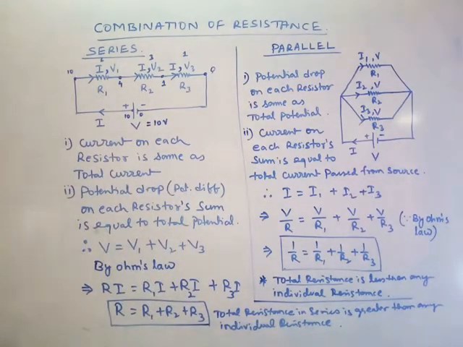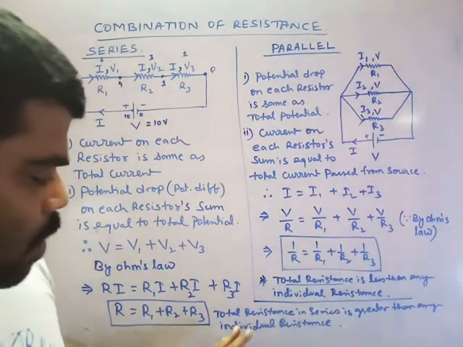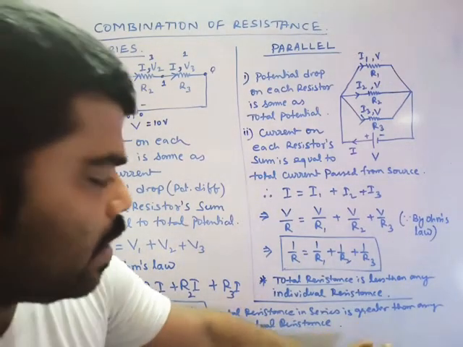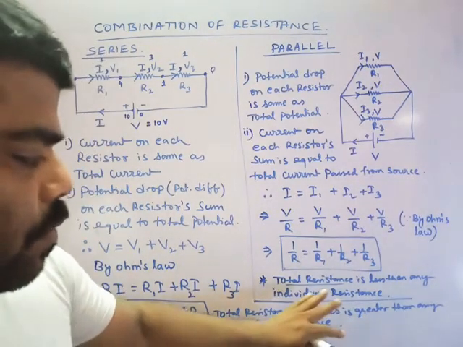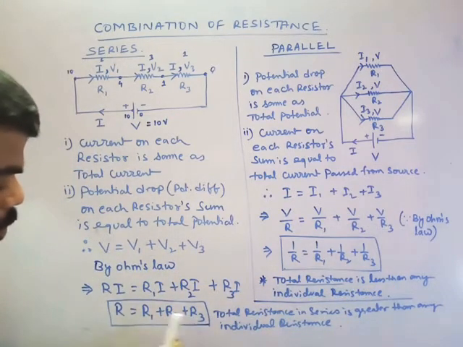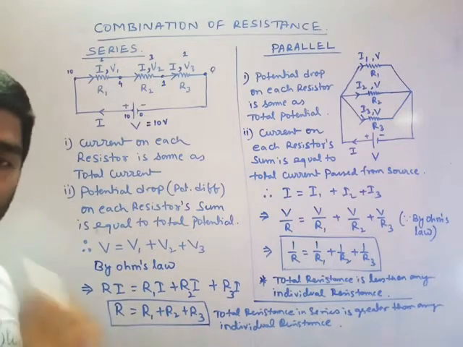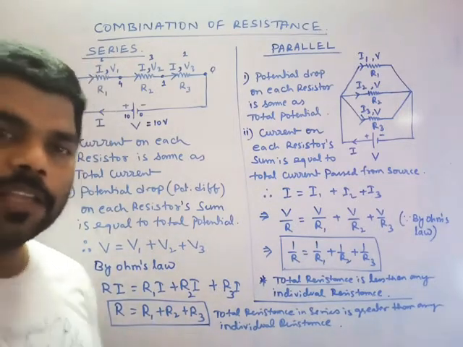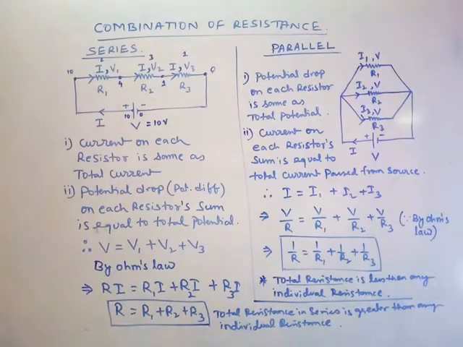Is it clear? So it is visible, I think. Yeah, it's a little small, थोड़ा adjust कर लेना. Total resistance in series is greater than any individual resistance, where in parallel it is less. मतलब if it is 5, 3 and 2, greater is the 5, so answer will be more than 5. This is the range of giving the answer. Is it clear? Okay, thank you.